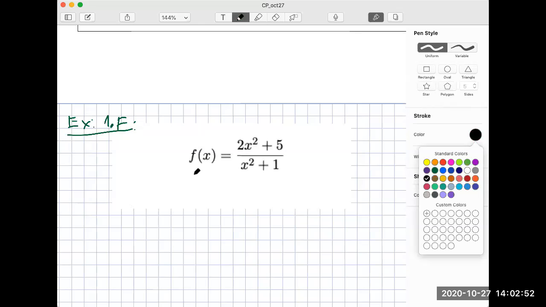Again, this is a quotient. It is really hard to find the antiderivative of this guy. Do you have any idea to make it simpler?